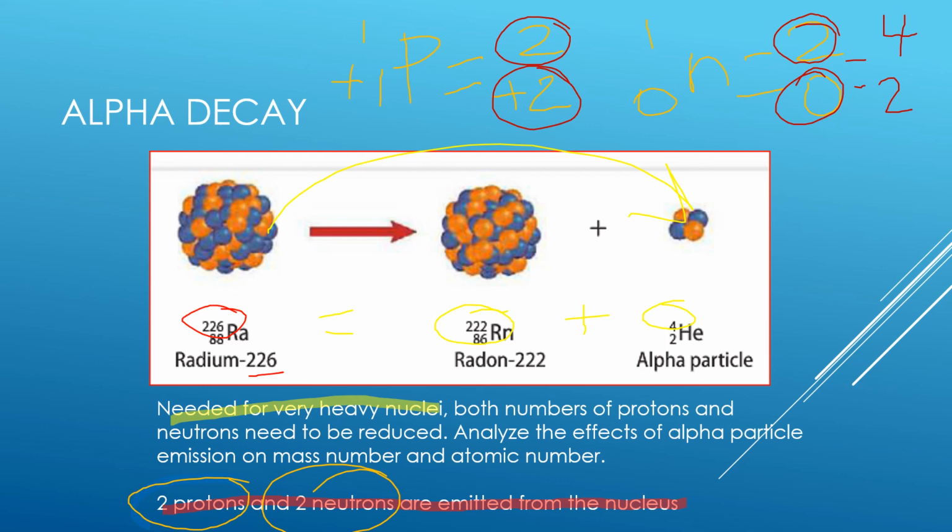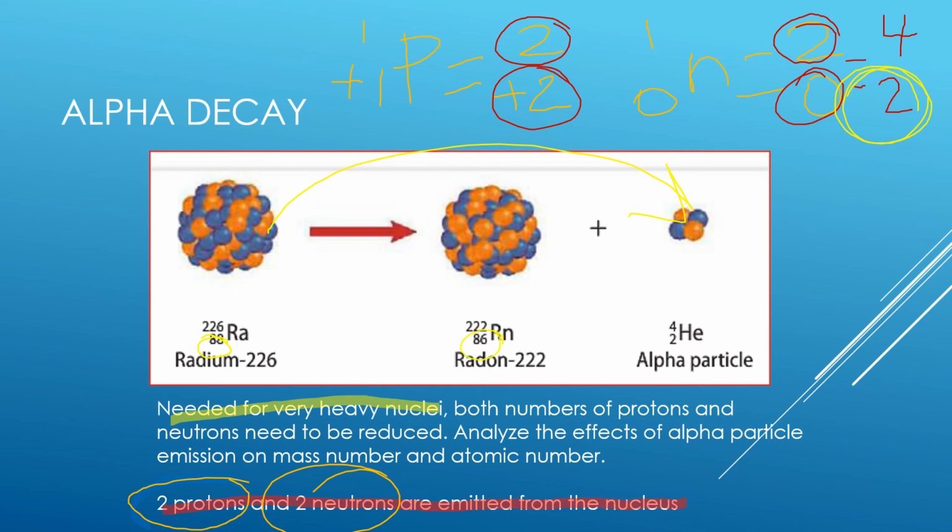Now what about atomic number, which is probably more important in my opinion. Let's look at the atomic number, 88. We said that an alpha particle has a +2 charge, so if I release an alpha particle, look at the atomic number.